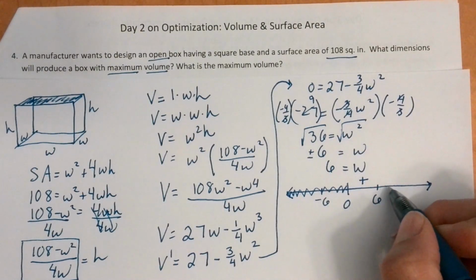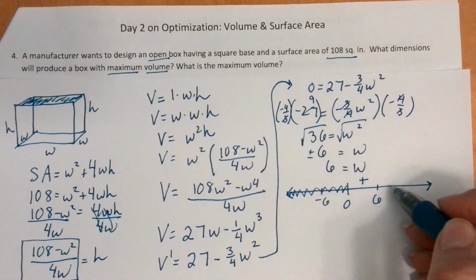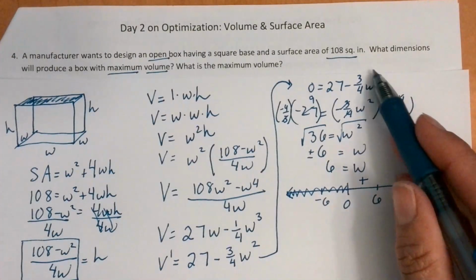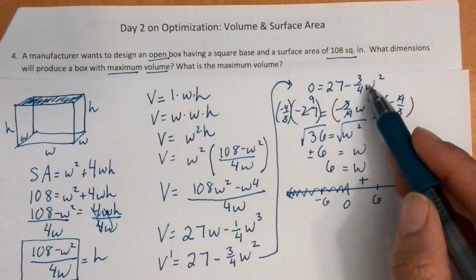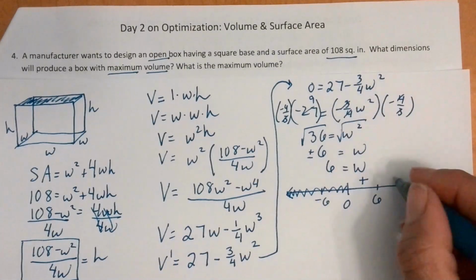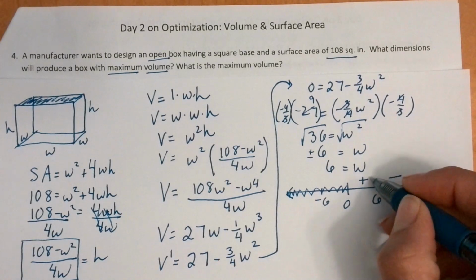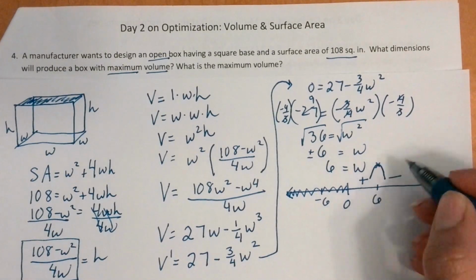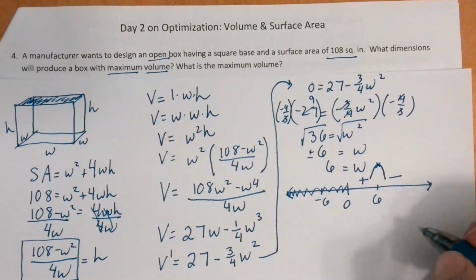If I plug in 7, okay, that's a weird number, so why don't you just plug in 1,000. 1,000 squared times 3/4 is going to be way larger than 27, so that's going to be a negative number. And that does confirm that we do have a function that is increasing and then decreasing, so we do in fact have a maximum at width is equal to 6.